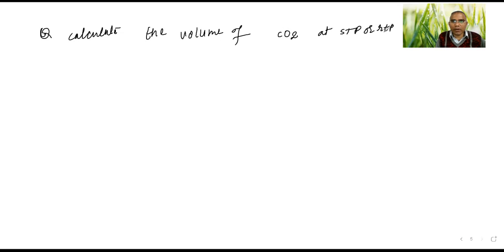In this question they are saying calculate the volume of CO2 at STP or RTP, room temperature pressure, volume of CO2 gas, for 0.20 mole of it.